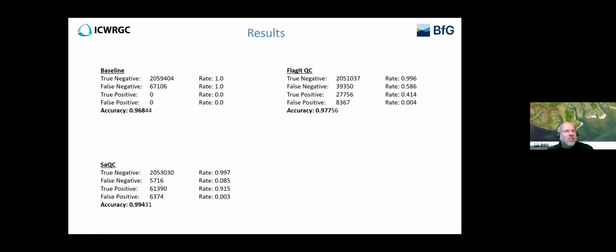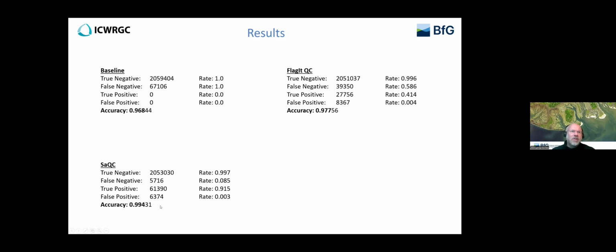We are getting a bit better or much better with the SAQC code from the UFZ. So we see here when we have the Flagged QC, we have false negatives in the tens of thousands. We are here now in the couple of thousands, also with false positives much lower.